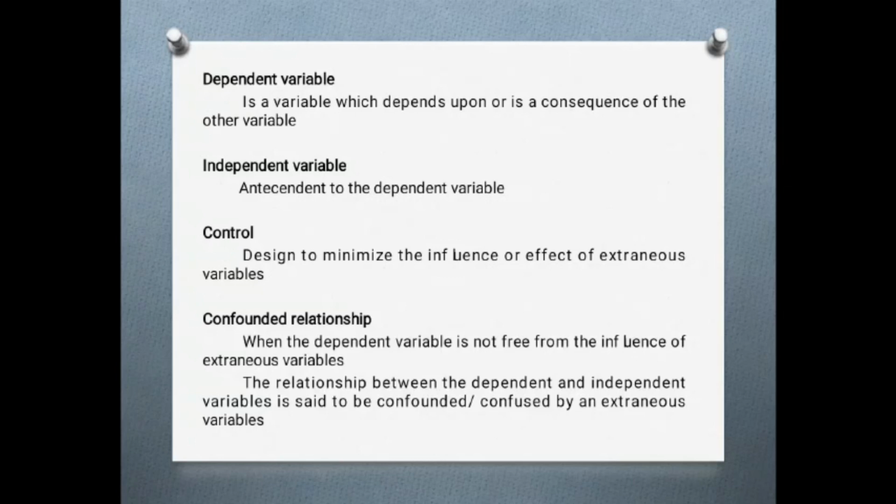Confounded relationship: when the dependent variable is not free from the influence of an extraneous variable, the relationship between the dependent and independent variables is said to be confounded by an extraneous variable.